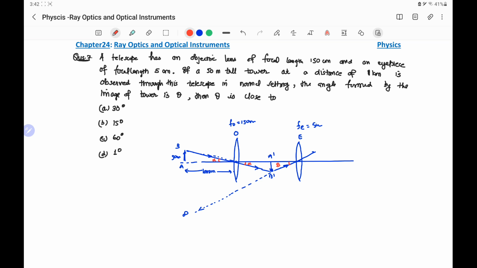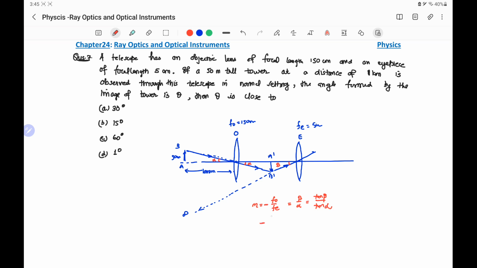Therefore, magnification of the telescope is minus f0 by fe for the normal setting, and this will be equal to beta by alpha, that is the angle subtended by the image and the angle subtended by the object, and it will be approximately equal to 10 beta by 10 alpha. Put the values.